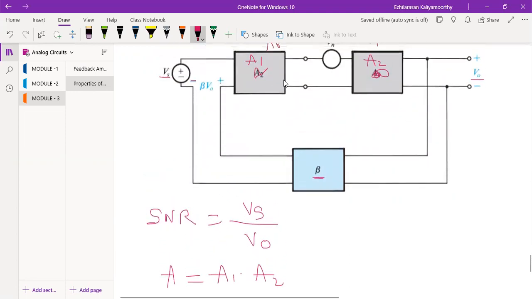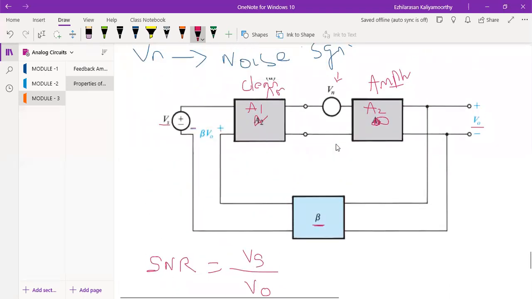Now if the Vn occurs towards the input end of the amplifier, the A1 will be low. If Vn occurs towards the output end of the amplifier, then A2 is low.